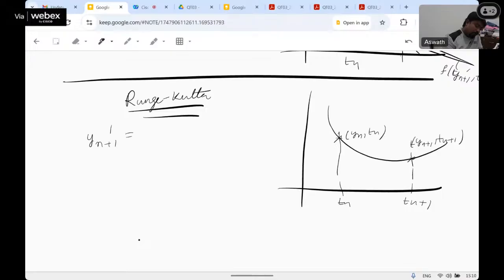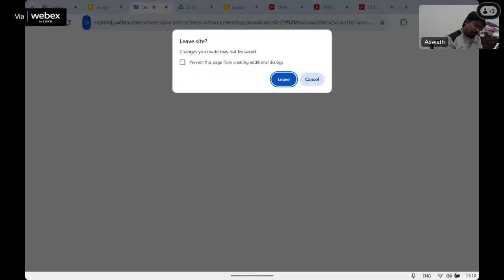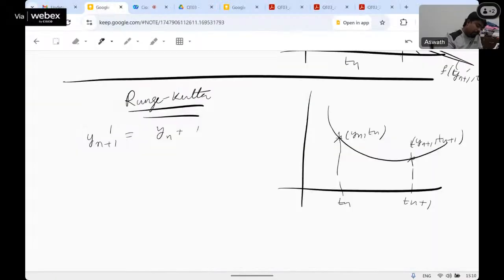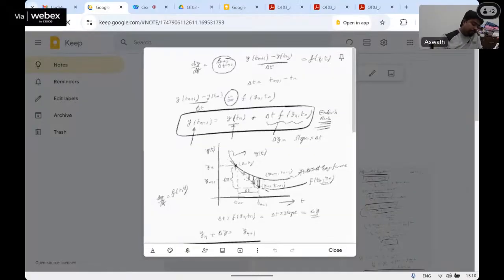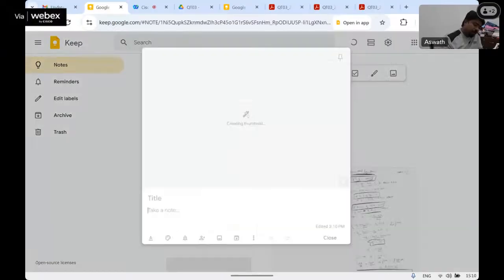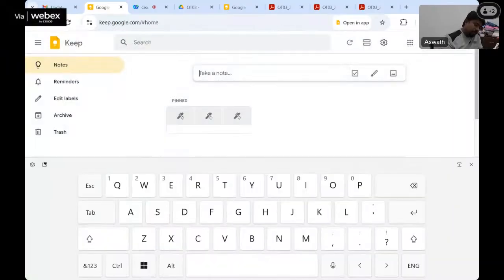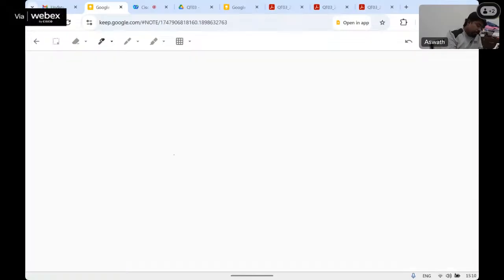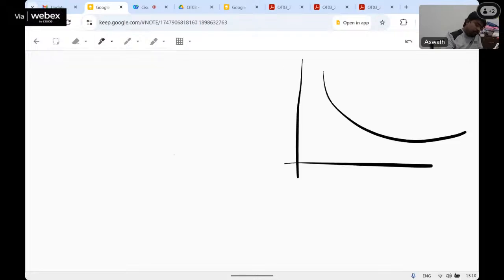y n plus 1 prime you find using the Euler method itself. So one slope here, another slope there, this is at t n, this is at t n plus 1.